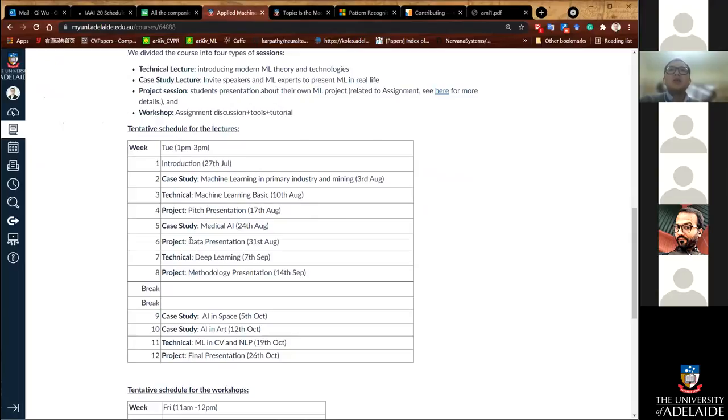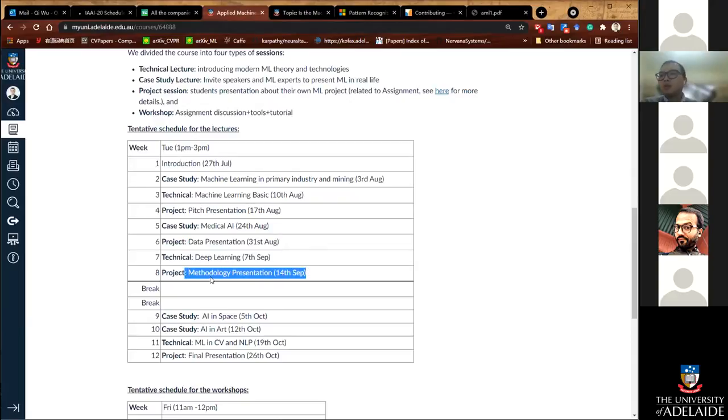And basically there will be 4 presentations, right? The first one is on the 17th of August. The second one is on the 31st of August, which is about the data set you want to use. You just use a presentation to tell us what kind of data set you want to use. And the third one will be on the 13th of September.